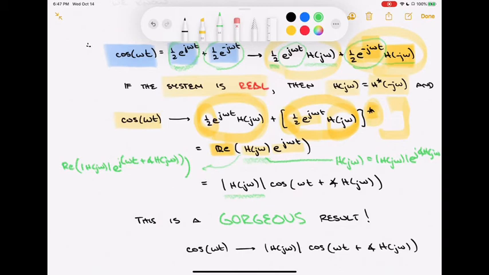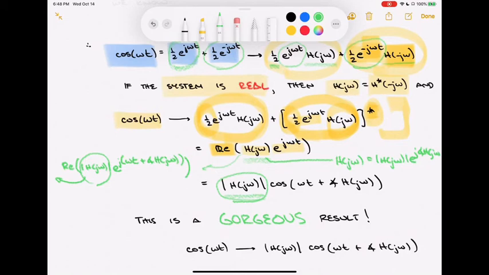Okay, so what's the real part of that? The magnitude of H of j omega is a real quantity. If you have something real multiplying another thing, you can pull that real part outside of the real operator. So I should just be able to get that magnitude of H of j omega pulled out. This is just a real quantity. It's going to get pulled outside. It's not affected by that real operator.